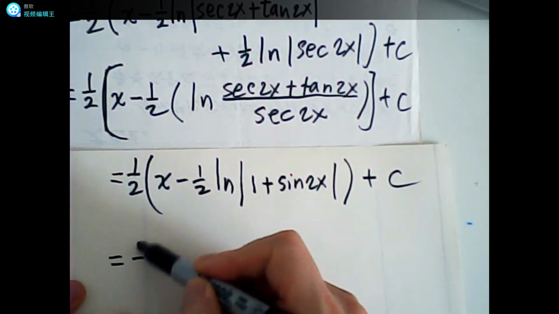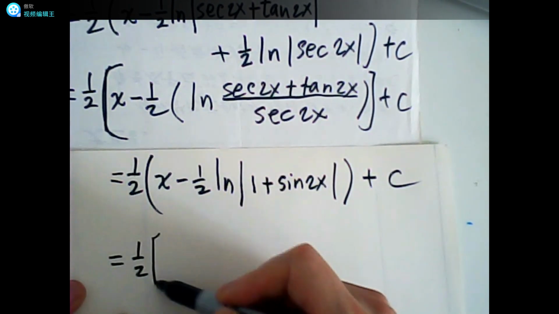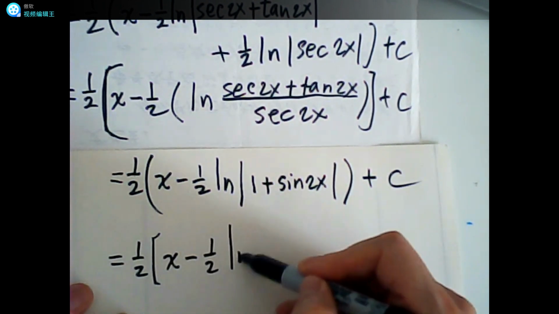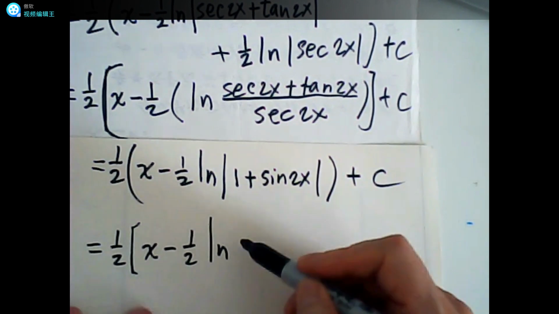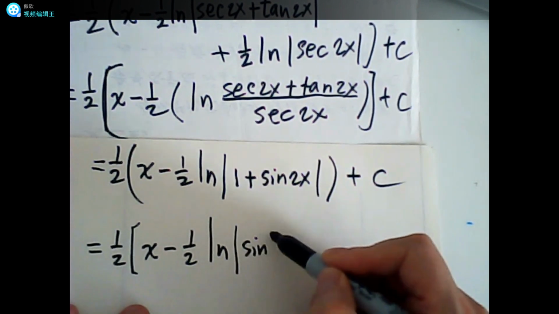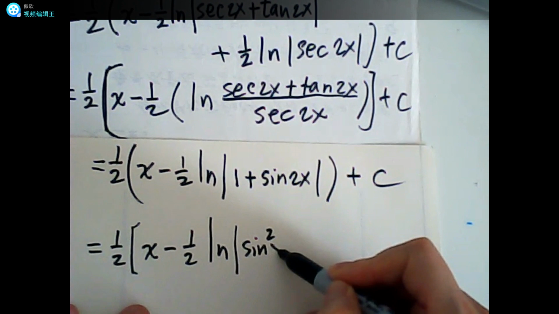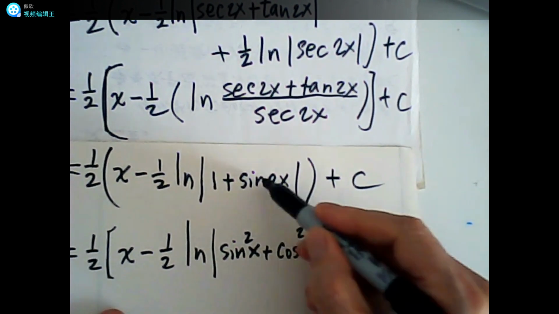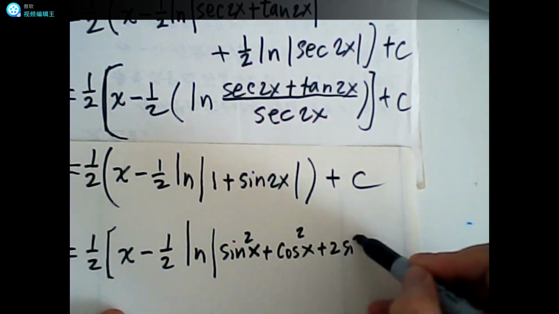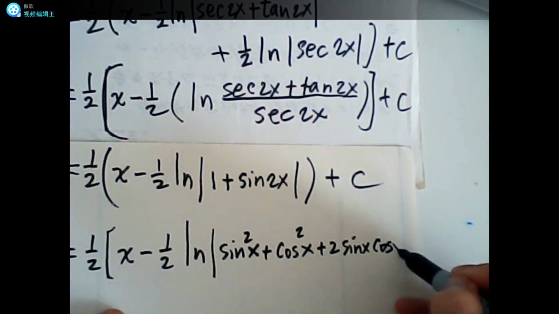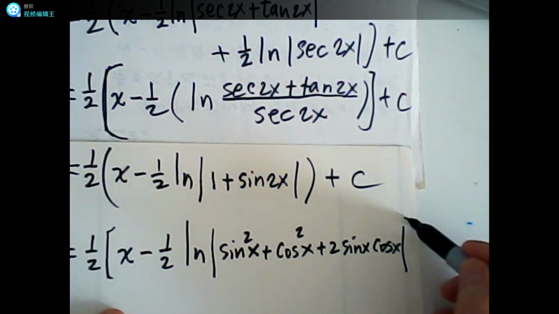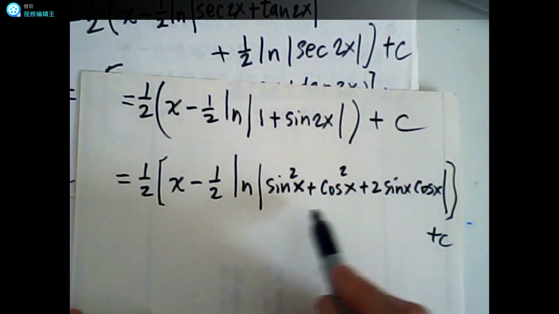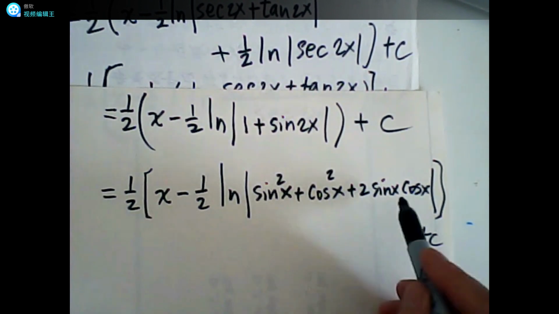Now this is equal to half bracket x minus half log of 1 plus sine 2x, where 1 is sine squared x plus cosine squared x, right? Plus 2 sine x cosine x, plus c. And this is a perfect square, sine plus cosine squared.